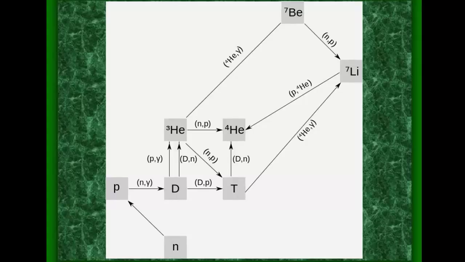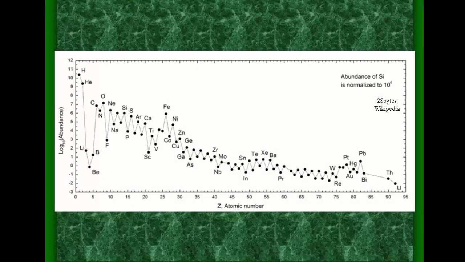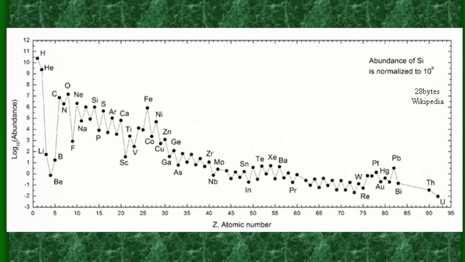Now let's take a look at the chart here. This is actually the concentrations, log of the elements in the sun. And the first thing that should stand out is that hydrogen and helium, because it's a log scale, they're not that separated, but hydrogen and helium are the most abundant elements in the sun.